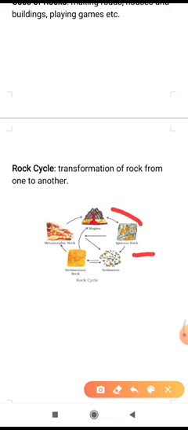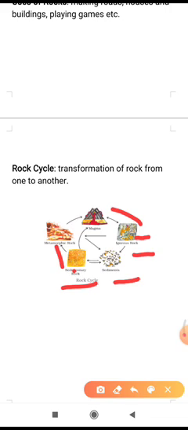These igneous rocks are broken down into small particles, called sediments, that are transported and deposited to form sedimentary rock. When the igneous and sedimentary rocks are subjected to great heat and pressure, they change into metamorphic rocks.